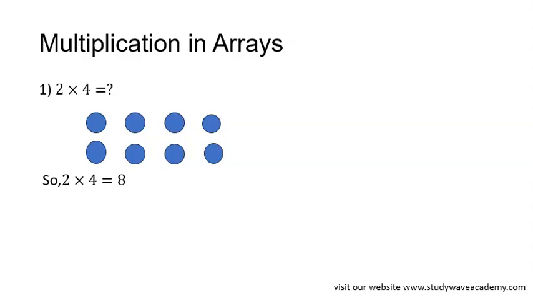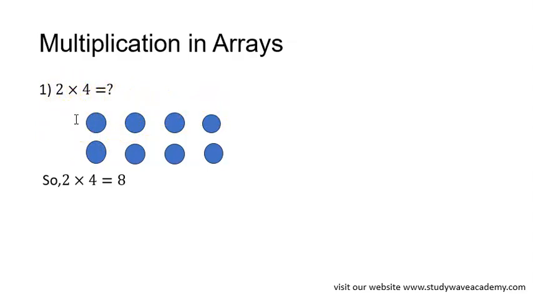Okay, here we have 2 times 4. We are going to be using shapes to do this. Okay, here we have the circle. So we are going to use circle to solve this. 2 times 4 will make 2 rows and 4 columns of the shape. I hope you understand this.